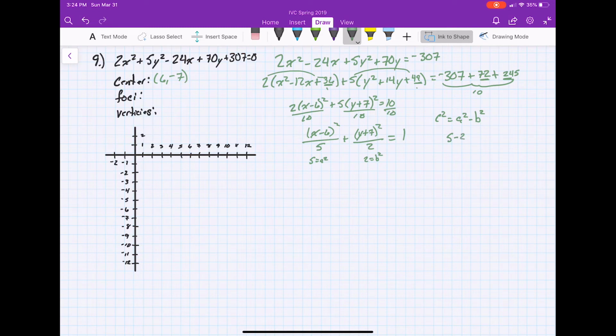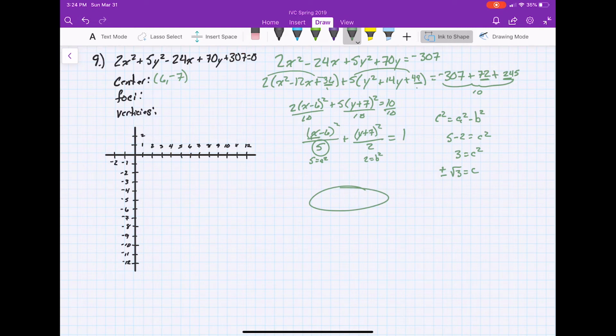So 5 minus 2 equals c squared. So that means 3 equals c squared, so c equals plus or minus the square root of 3. Now this affects the x-axis because we have a horizontal oval. Since we have this 5 here and it's with the x, that means our oval is going to go this direction.